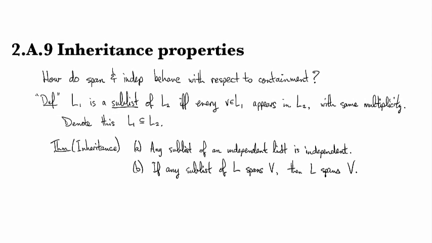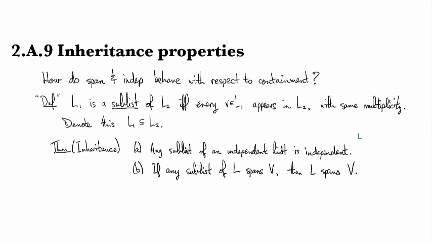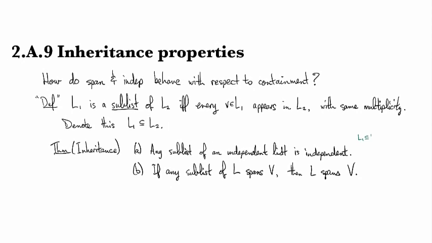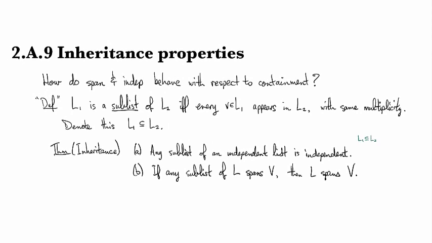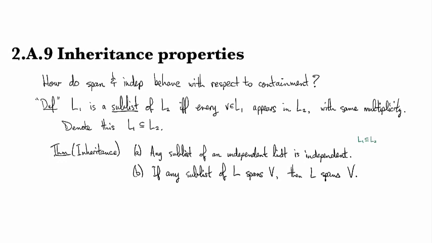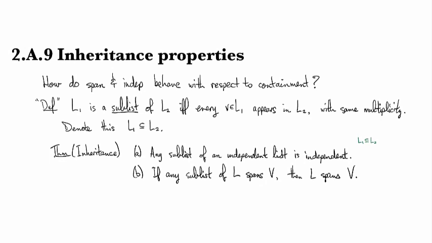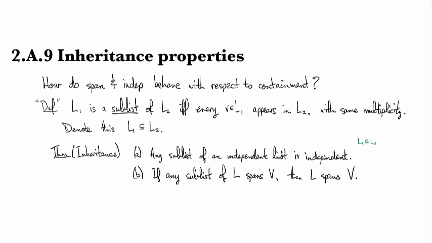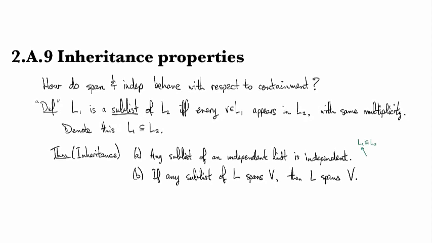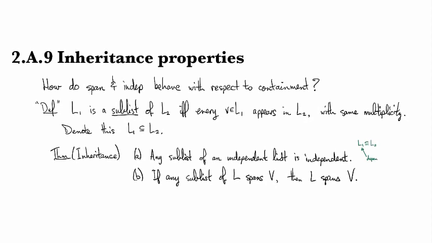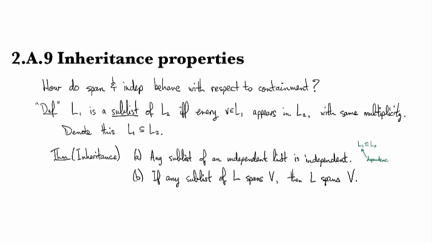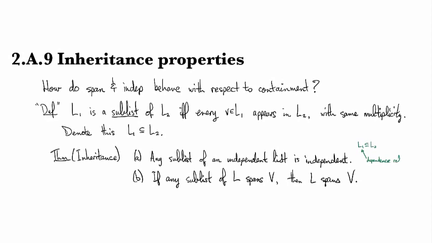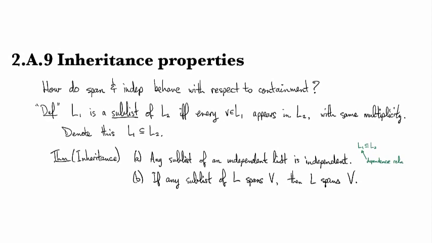So for the first one, if we have one list contained in another, suppose let's say that L2 is independent. Well, then you're going to want to look for what would happen if you had a dependence relation in L1.